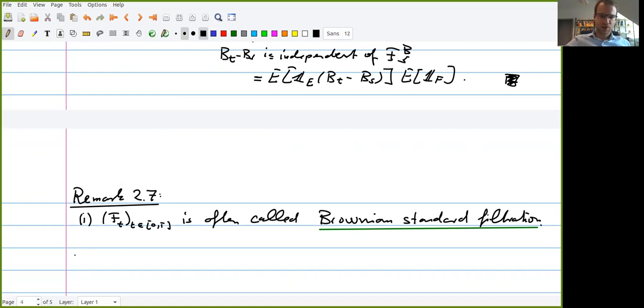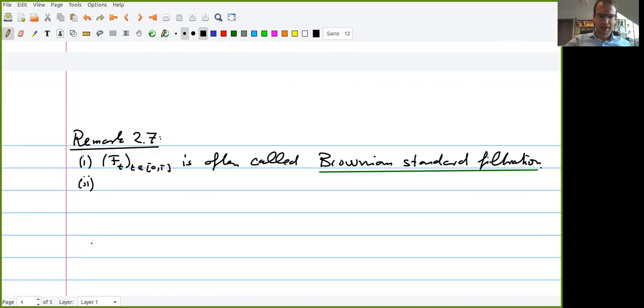And second thing, you might say, okay, what did we do? As we said, one property we wanted to have is a right continuous filtration. So an alternative procedure, which appears also in many books, is the following.